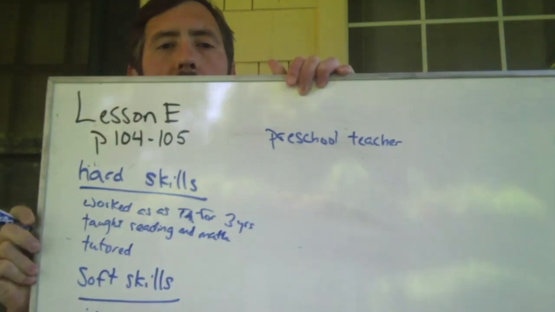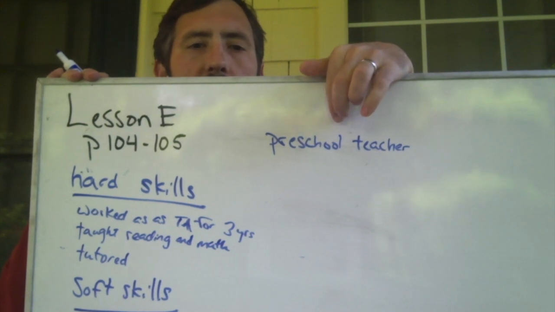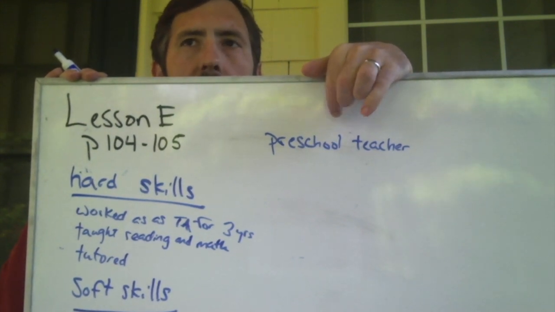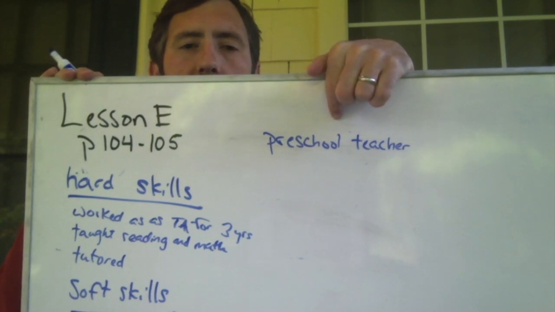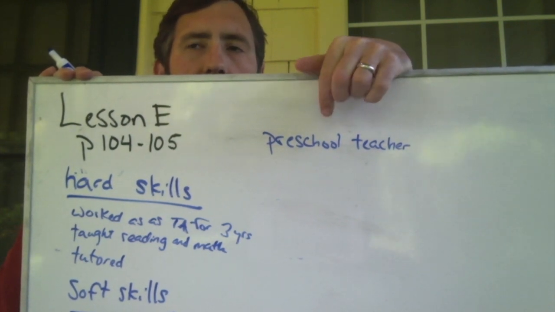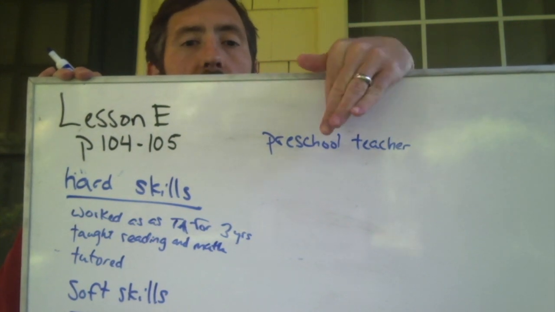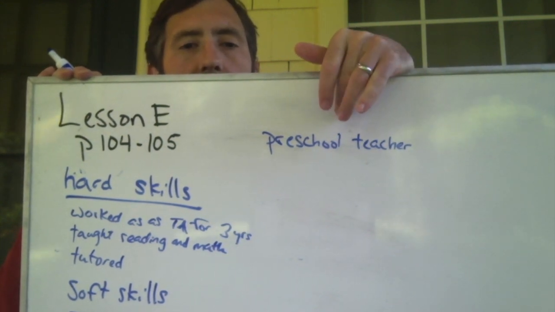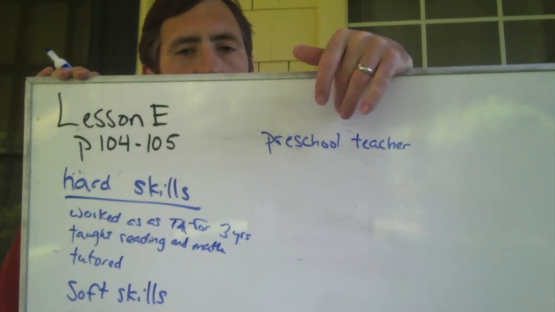So, what I want you to do is to plan a cover letter for the position of preschool teacher, and then try to write a sample cover letter. You can make up the details. You can write one that is true about you, or you can make up the details. But try to write one for the position of preschool teacher.